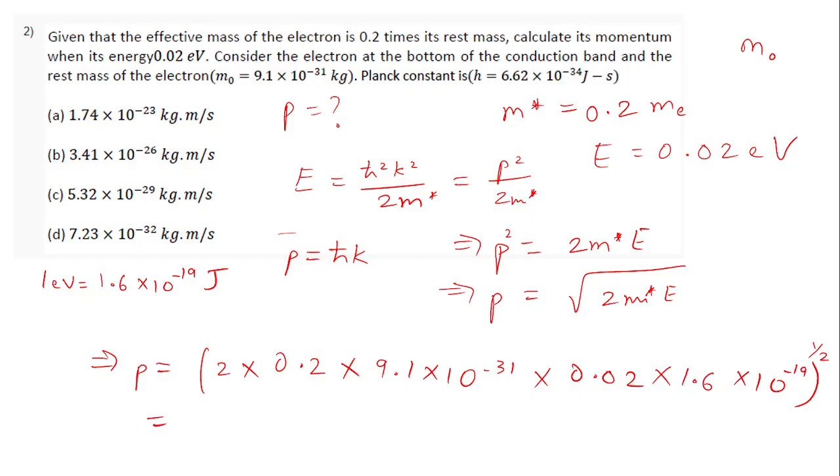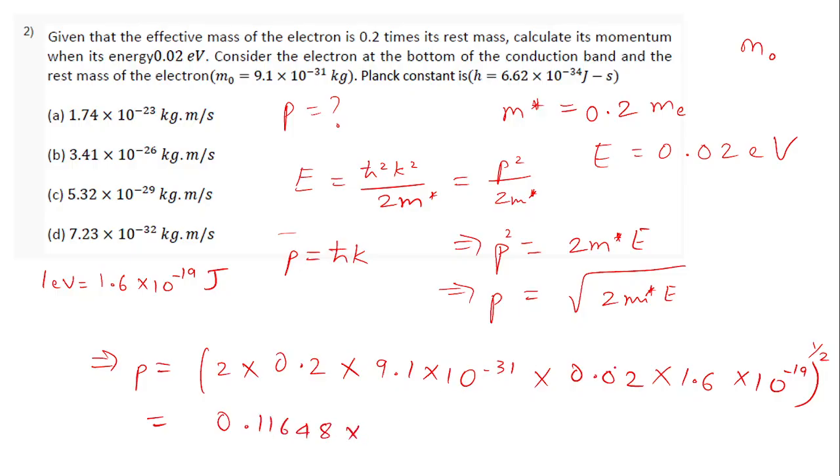When we do the calculation, I'll use calculator. You should also know to use calculator, because in exam also you will have digital calculator. So 2 times 0.2 times 9.1 times 0.02 times 1.6 is 0.11648.